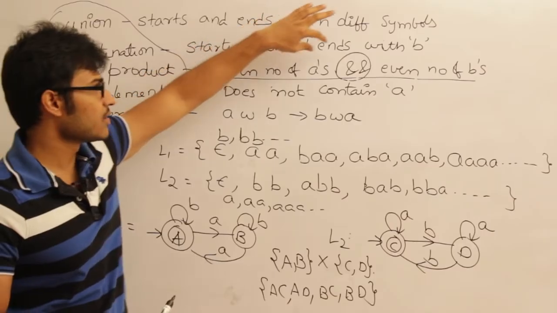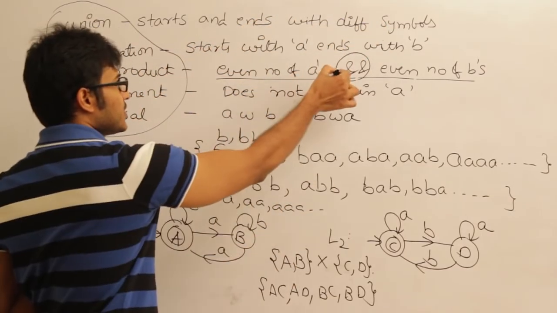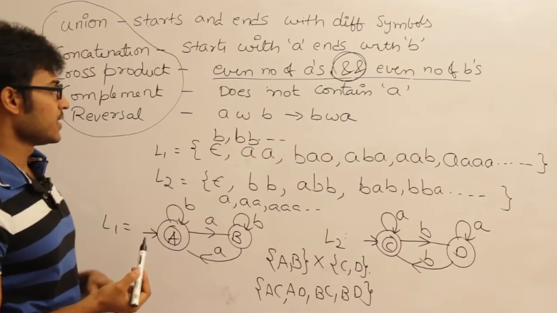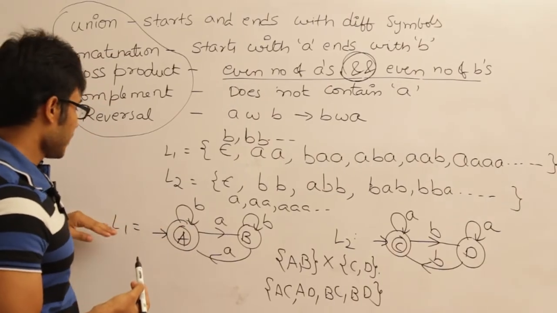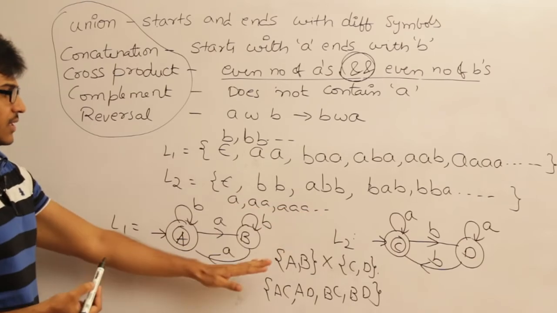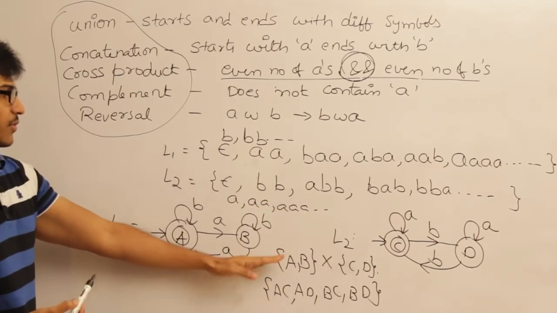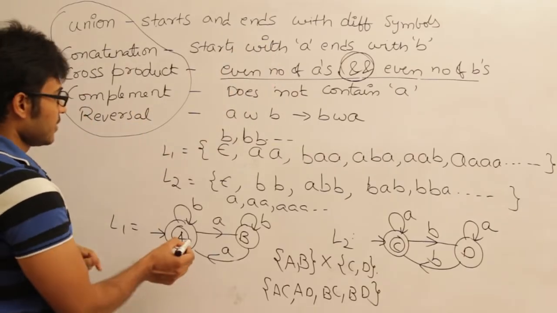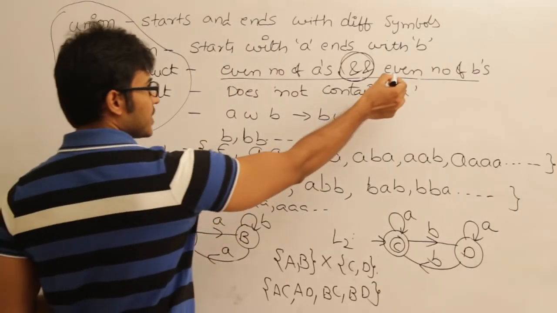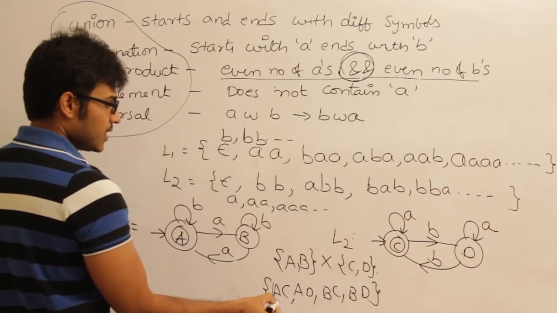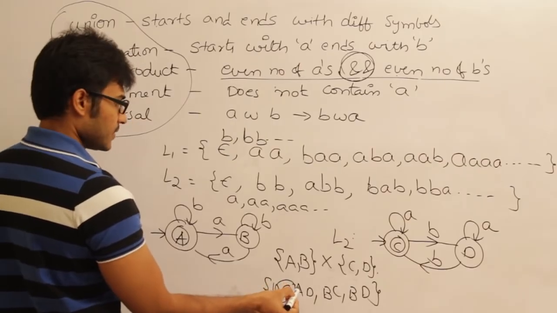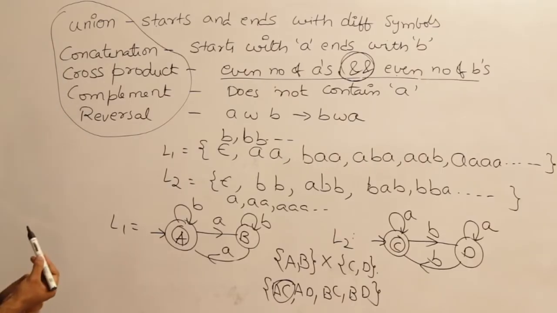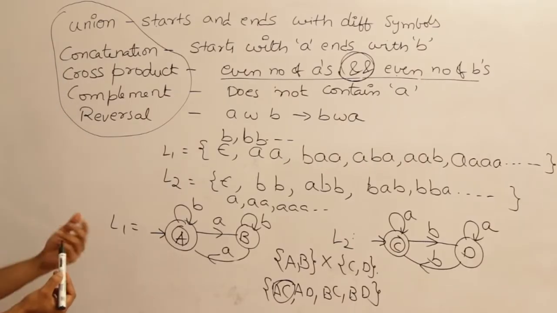Whenever a question contains two parts separated by and, or, these connectives, you can take the diagram for each one independently and apply the cross product, and then take the final state from each one. For example, here the final state is A and here the final state is B, then the final state is going to be AB, AC. Depending on the question, you can decide the final state.